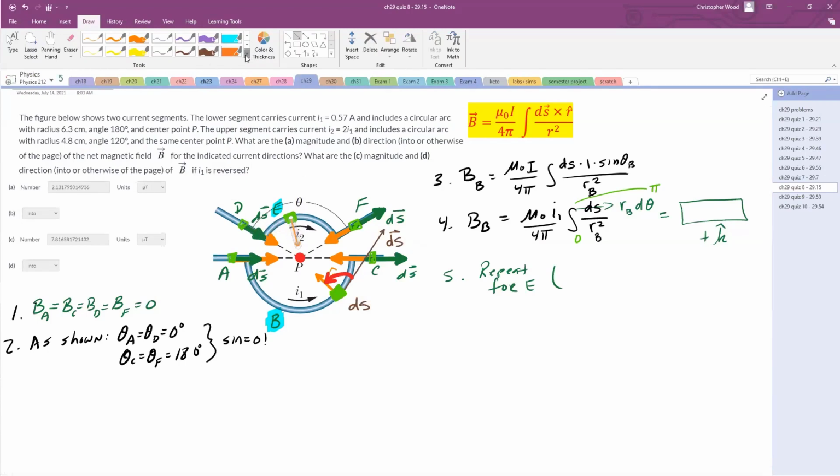So my ds vector is in this direction. So once again, theta is 90 degrees. Theta is the angle between ds and r hat. That's 90 degrees. And if I do my right-hand rule, I'm swinging the ds vector into the r hat unit vector like that. And that means a minus k.